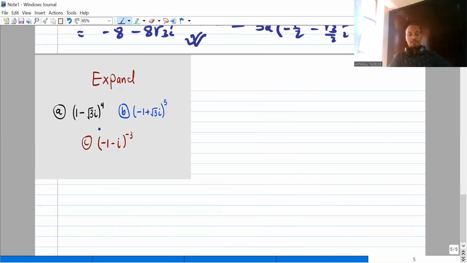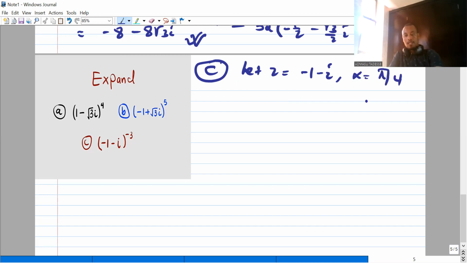So in the c part, let z be the inner part. z is given by minus 1 minus i. So this is a third quadrant angle. Alpha is pi over 4, but it is a third quadrant angle, right?